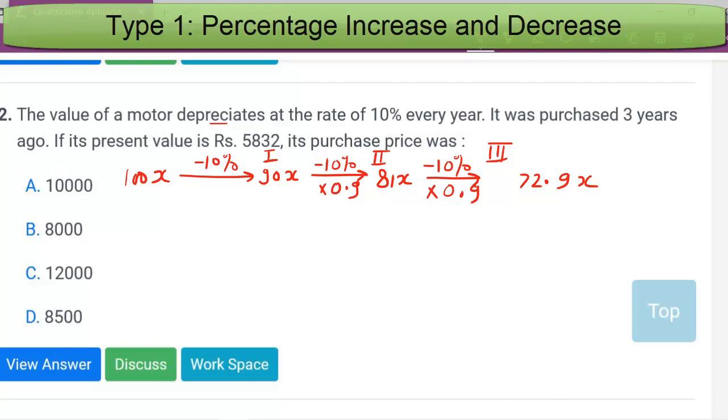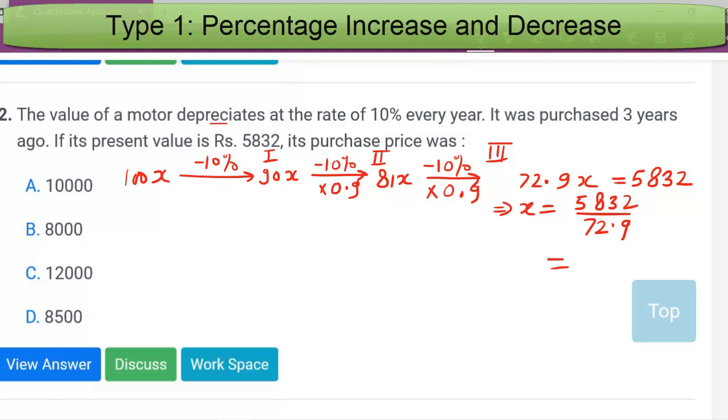Now what is given in the question is that its present value, I mean this value, is equal to 5832. With the help of this you can calculate x. So x can be calculated as 5832 divided by 72.9, right?